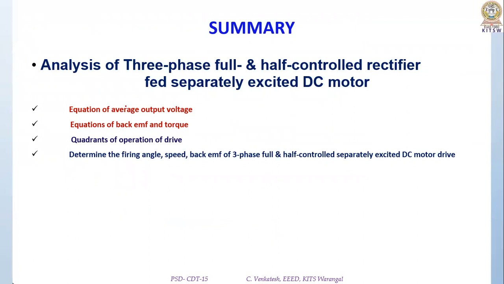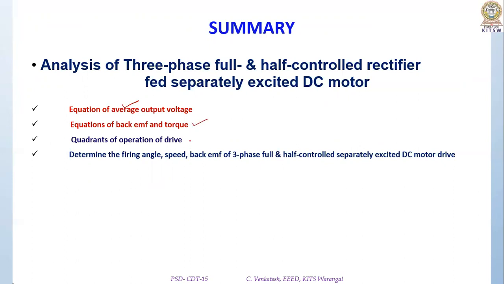We have seen the equations of average output voltage of a three-phase half-wave rectifier, three-phase half-controlled converter, and three-phase fully controlled converter. And when this type of rectifier or converter is used for speed control of the motor, we have seen the quadrants of operation and the equations of back EMF.